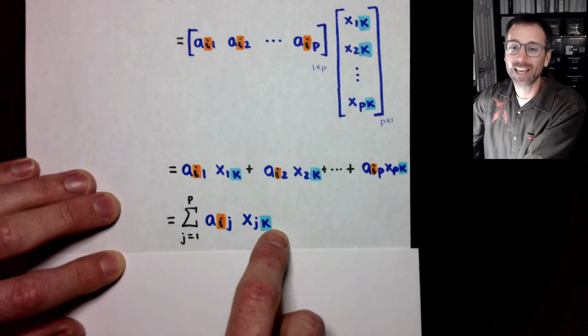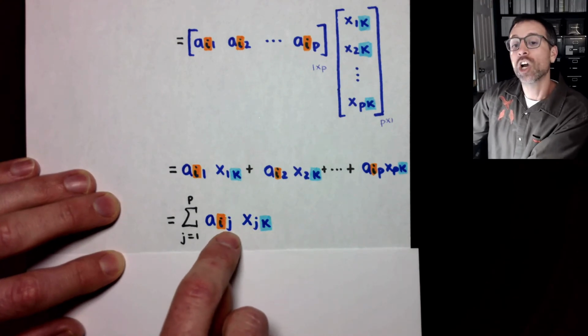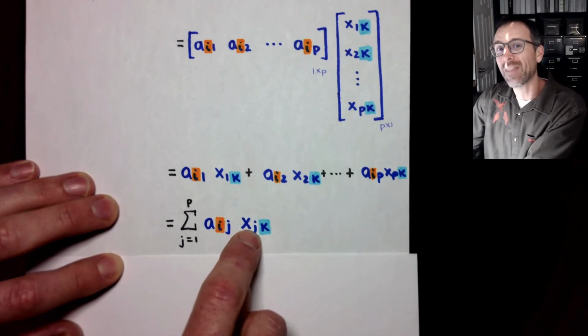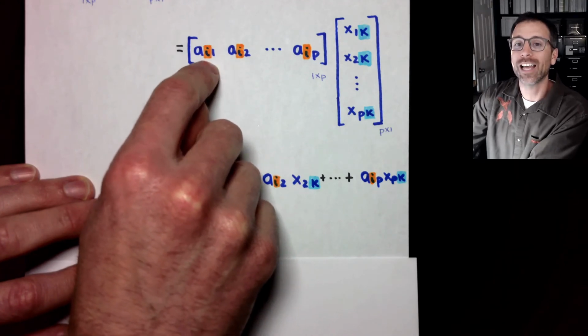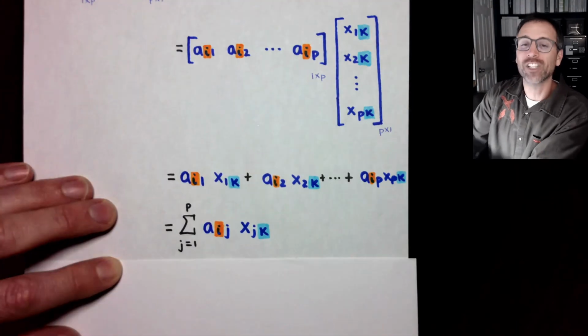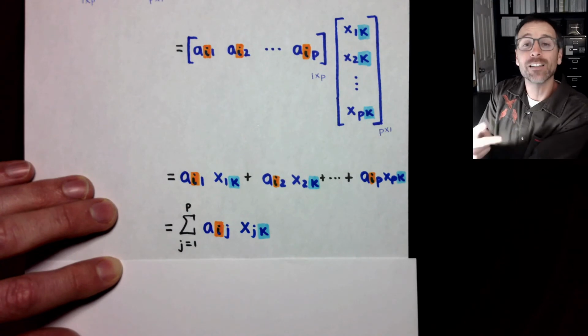The column index on the entries of X correlates with the column index of the output that I want. The column index of the entries of A aligns with the row index of the entries of X, and that makes sense because of the way we're doing this product, right? We're aligning the corresponding entries in the columns of A with the rows of X. That checks out from the matrix-matrix multiplication via linear combinations of columns and linear combinations of rows.